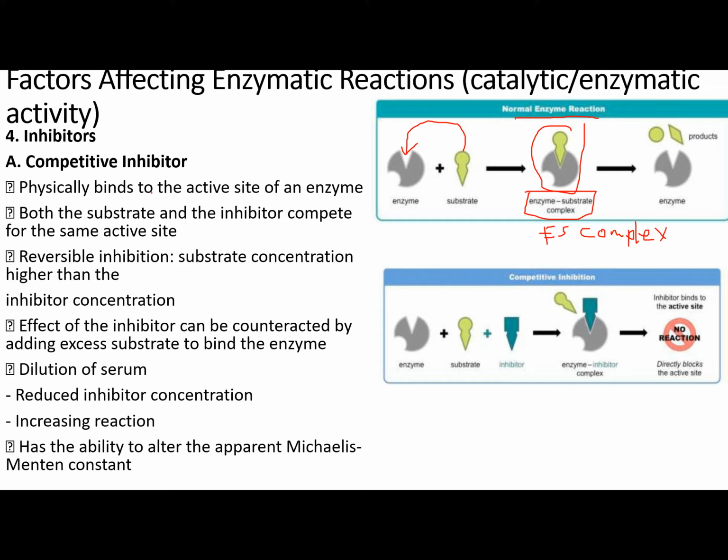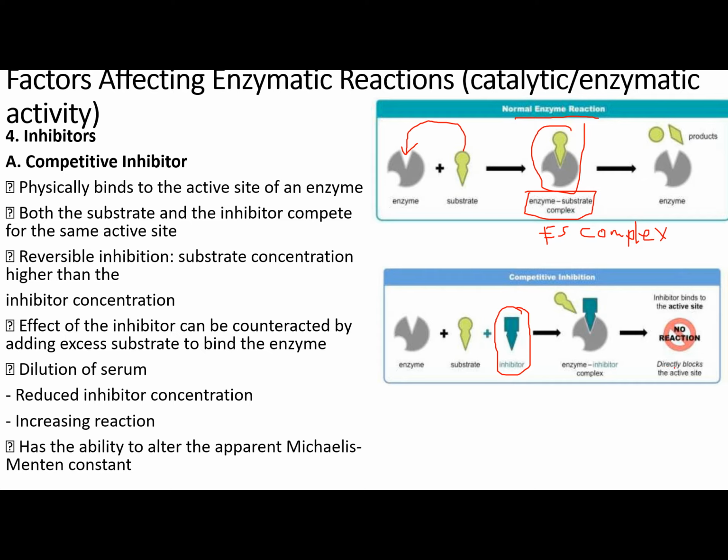Now, what a competitive inhibitor does is, instead of having the substrate attached to the active site of the enzyme, it will be the inhibitor that would be attached to the active site. And when that happens class, there would be no reaction.